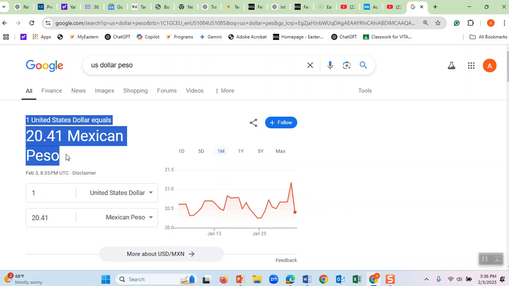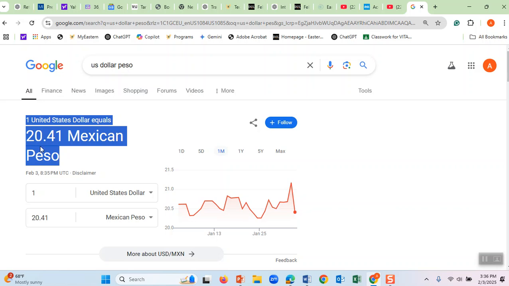Is it good or bad? It depends on how you want to analyze. It would be difficult for companies in Mexico now to bring their products to the U.S. because the dollar has become expensive.